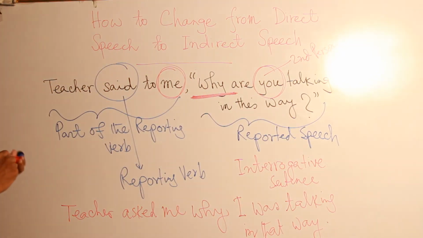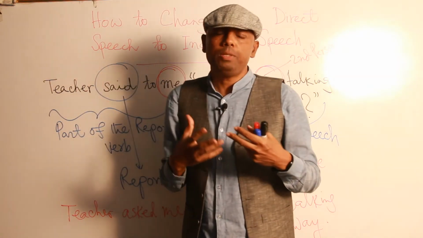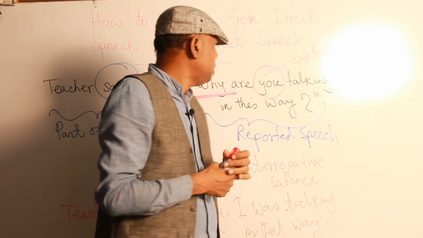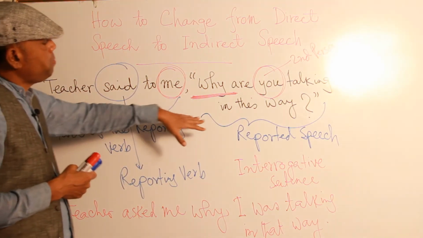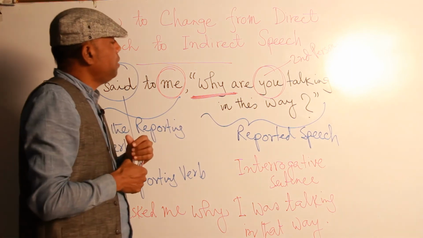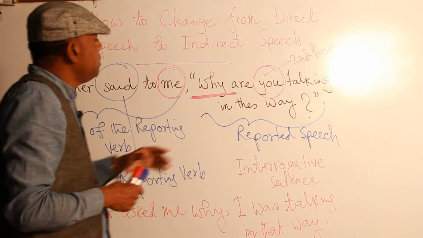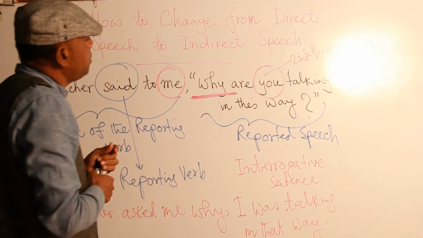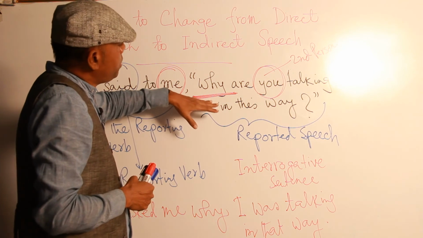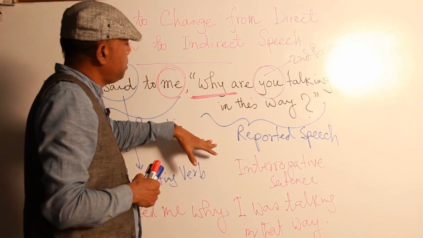Okay. So dear students, when you want to change direct speech to indirect speech, we need to be very careful about these 5 steps. Step number 1: first, we have to identify whether the reported speech is an assertive, interrogative, imperative or optative sentence.